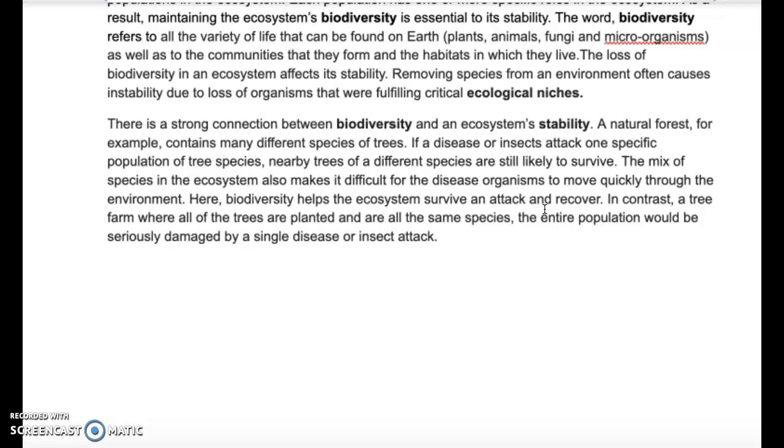Here, biodiversity helps the ecosystem survive, and attack and recover. In contrast, in a tree farm where all of the trees are planted and are all of the same species, the entire population would be seriously damaged by one single disease or insect attack.